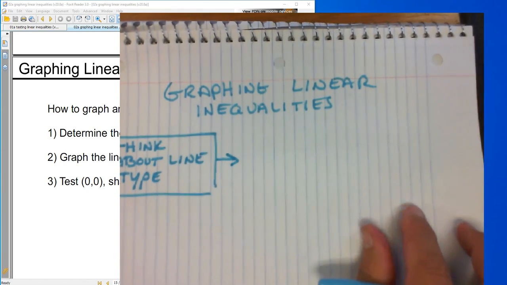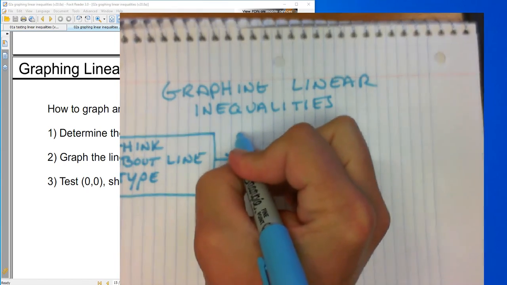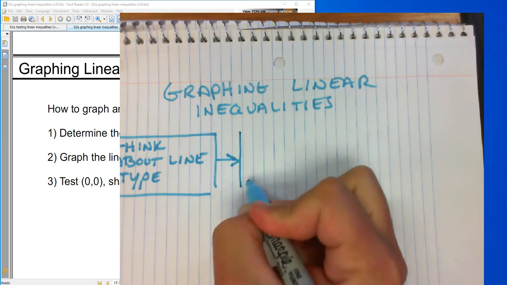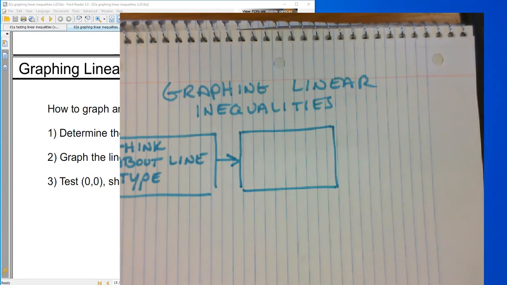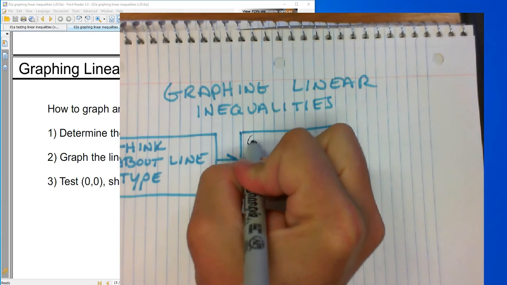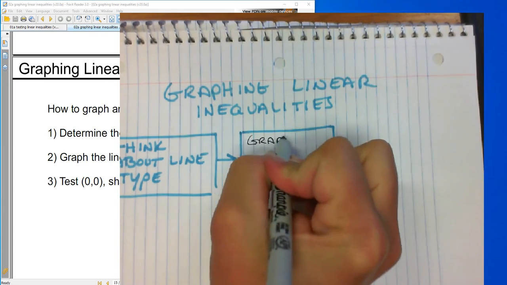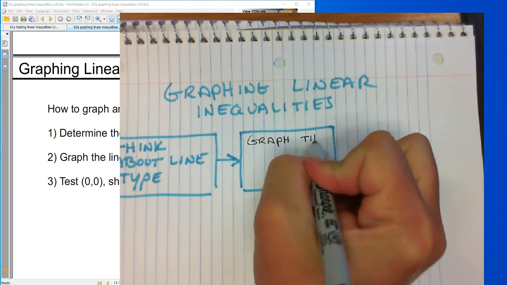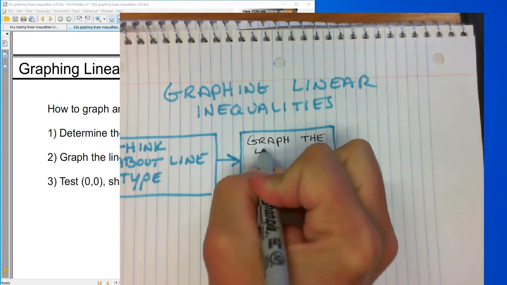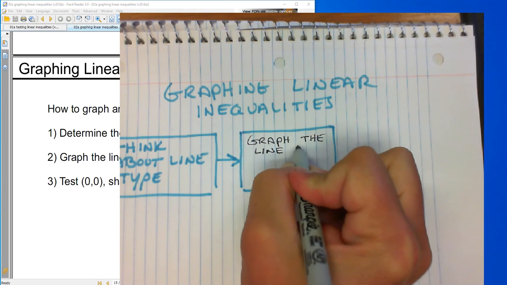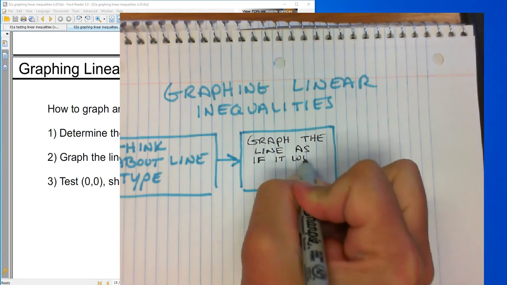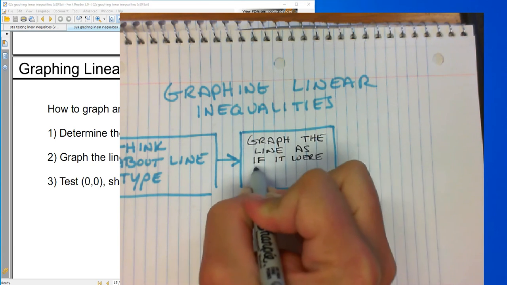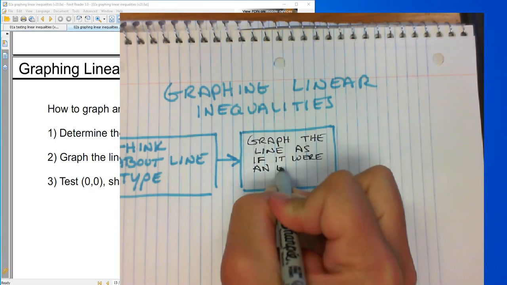Second, we're going to graph that line as if it were an equation.